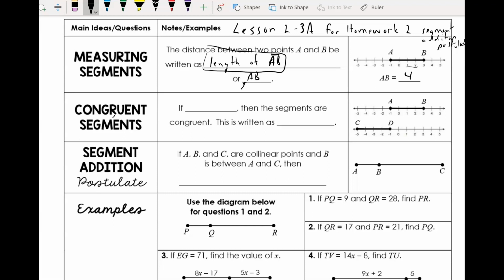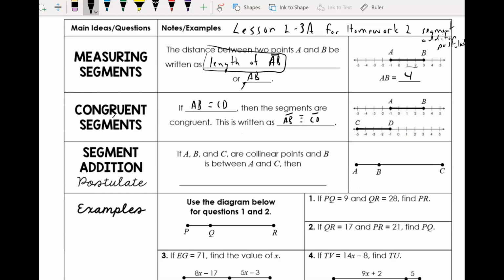Congruent segments. If two lengths are the same, so if the length of segment AB is equal to the length of segment CD, then the segments are congruent, which means that segment AB is congruent to segment CD. It sounds like it's saying the same thing, I get that.